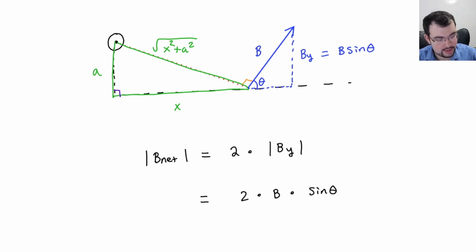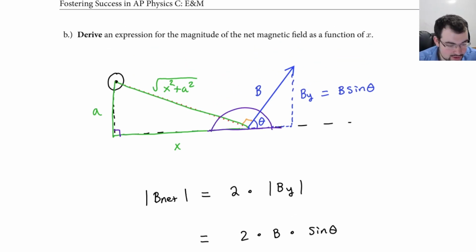Well, notice that this makes 180 degrees. This arc right here makes 180 degrees. So I have theta, 90 degrees, and a third angle that makes 180. See that semicircle there? Well, this must mean that this angle down here is actually 90 degrees minus theta, because that's the only way I can get this entire arc to add up to 180.